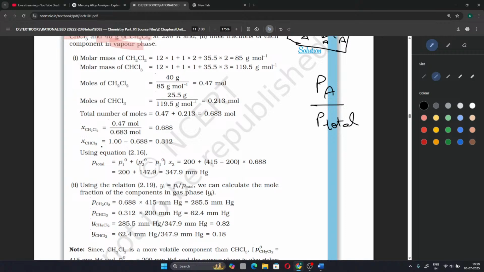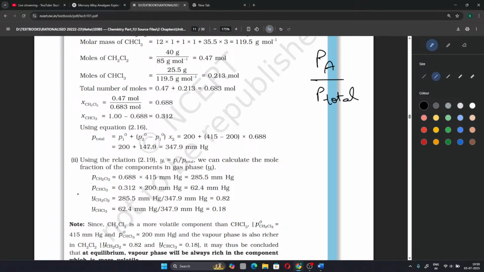Then the mole fraction is around 0.7 for dichloromethane and 0.3 for chloroform. Using Raoult's law, we get the total vapor pressure, which is around 347.9 mmHg.